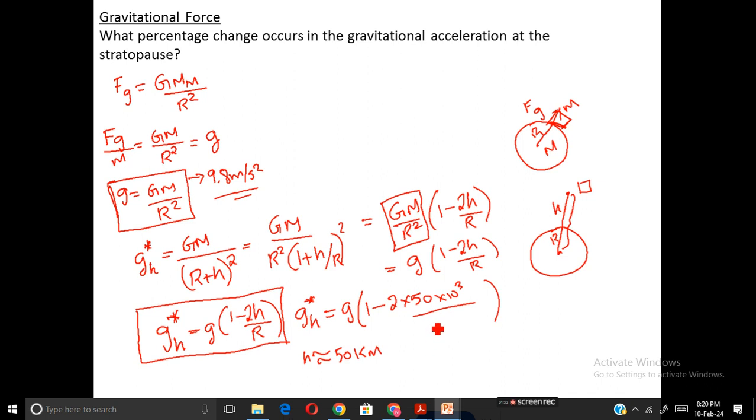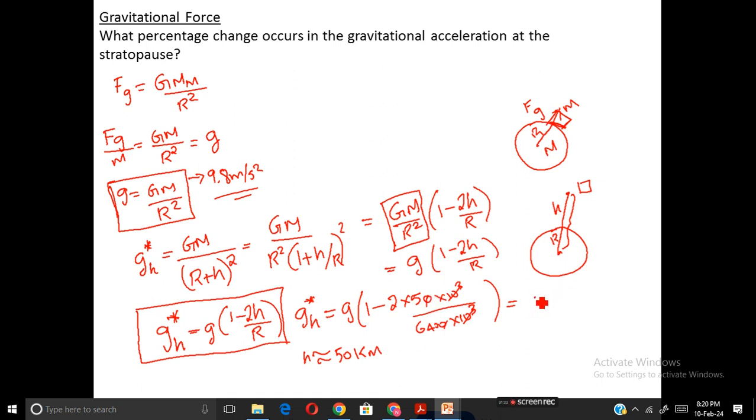It is 6,400 into 10 raised to 3, which, if we reduce, becomes 10 by 640.